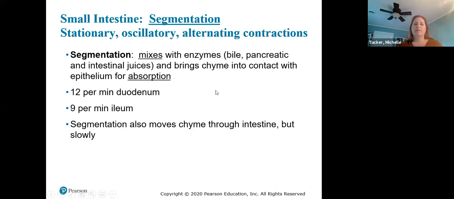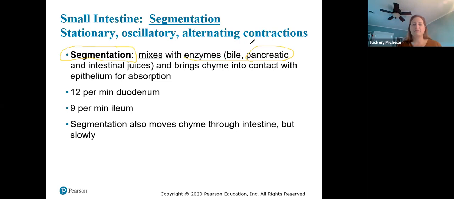So for motility of the small intestine, the main movement is segmentation, where the chyme gets mixed with enzymes. And these enzymes are in the small intestine, but they are not produced by the small intestine. The majority of the enzymes are going to be produced by the pancreas. We'll also have bile, which is made up of things like bile salts and cholesterol and lecithin.